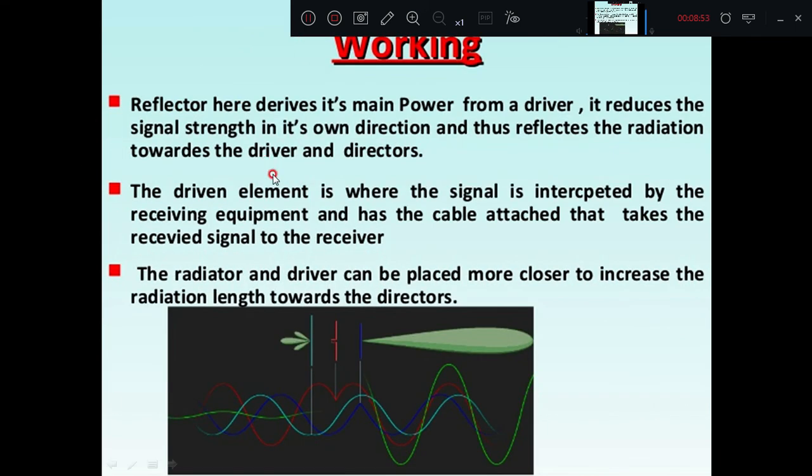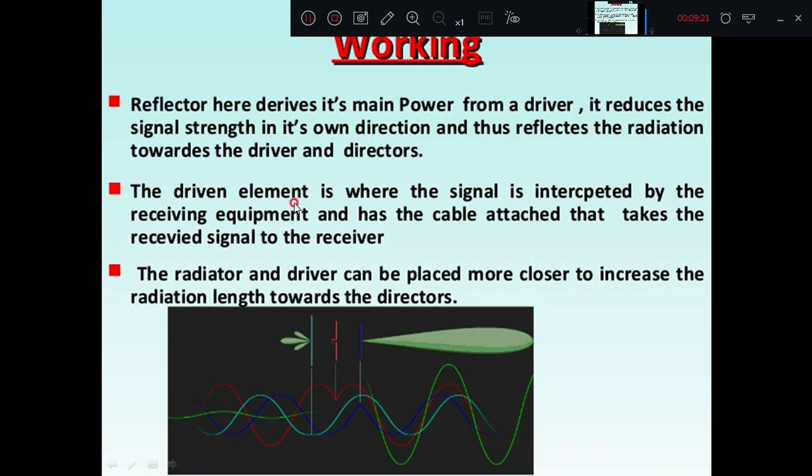Coming to the working part, all three elements play a very important role in the operation of the antenna. The reflector drives its main power from the driver and it reduces the signal strength in its own direction, thus reflecting the radiation towards the driver and directors.